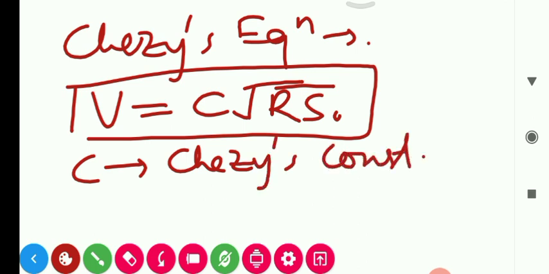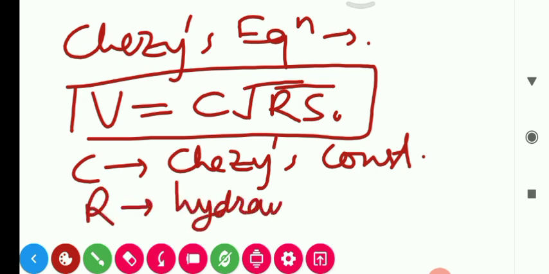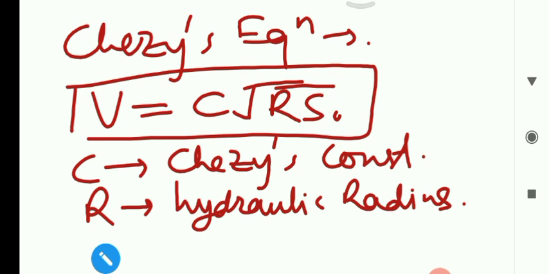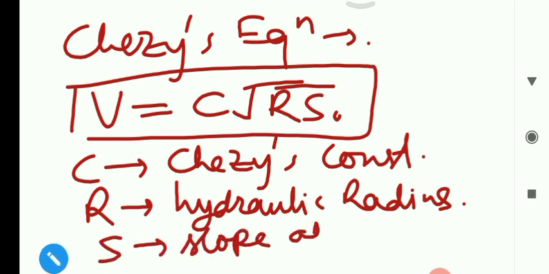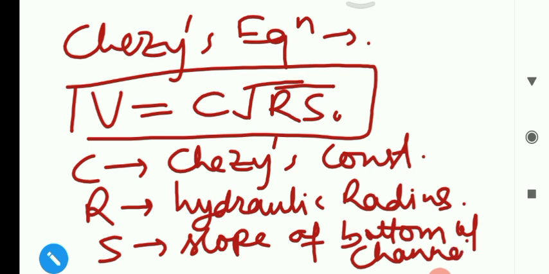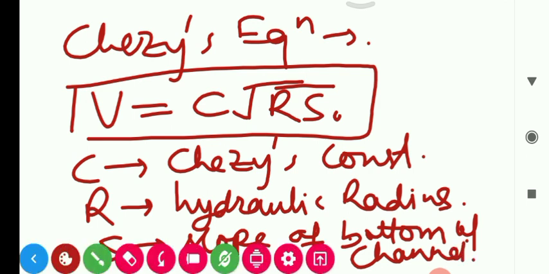It will be given in the question. R is the hydraulic radius and S is the slope of the bottom of the channel, okay.